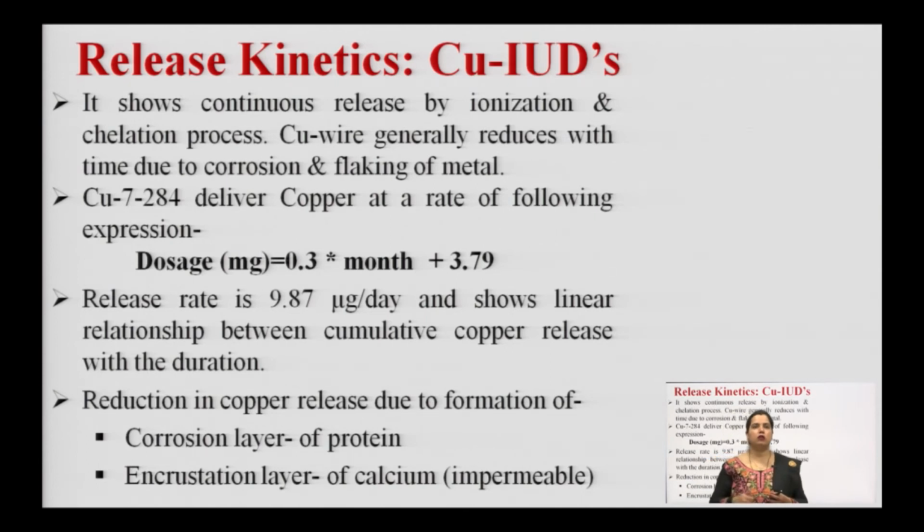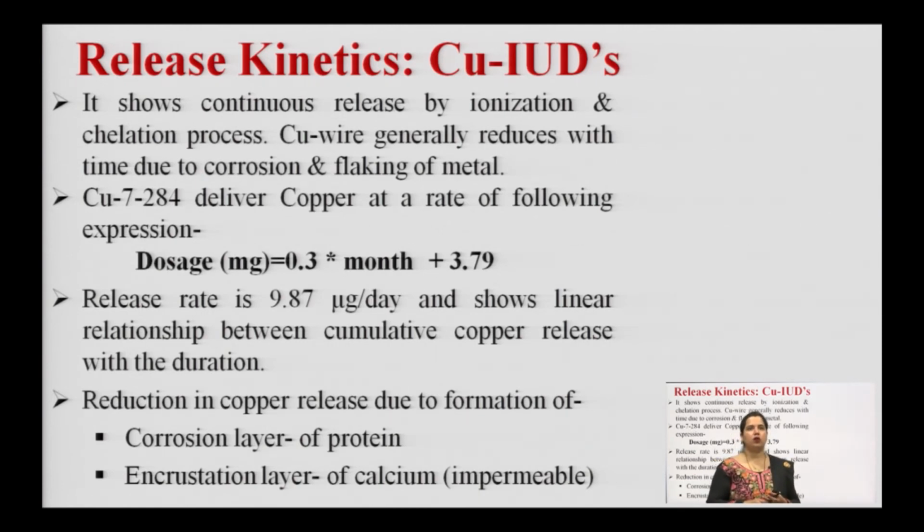Copper wire generally reduces with time due to corrosion and flaking of metal. Once inserted into the uterus, it starts releasing copper ions through this flaking of metal and corrosion properties.